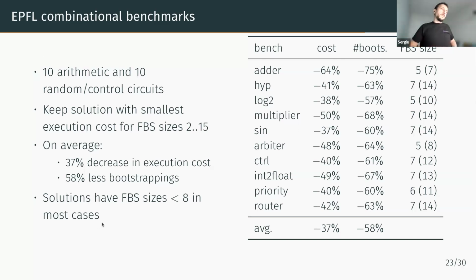Another observation from our results is that the solutions almost always use functional bootstrapping sizes less than 8, which leads us to the conclusion that the increase in the cost of individual bootstrapping for larger sizes cannot be counteracted by the decrease in the number of bootstrappings in the mapped circuit.